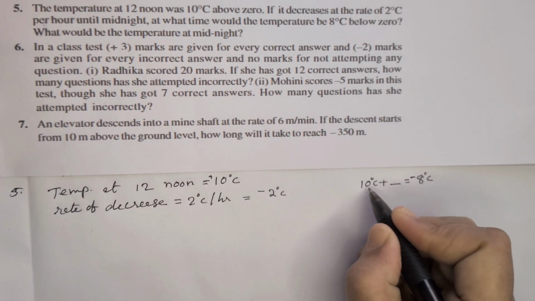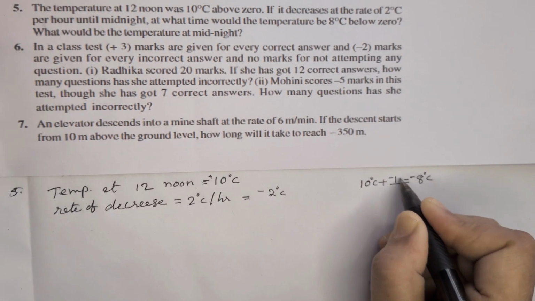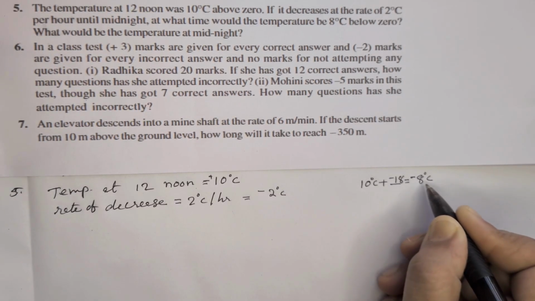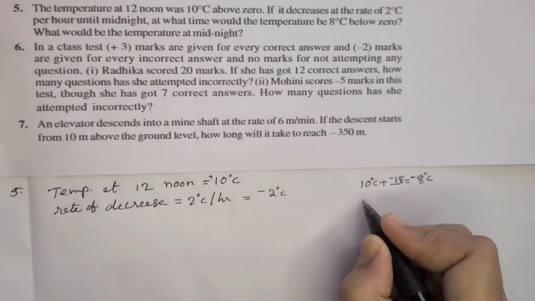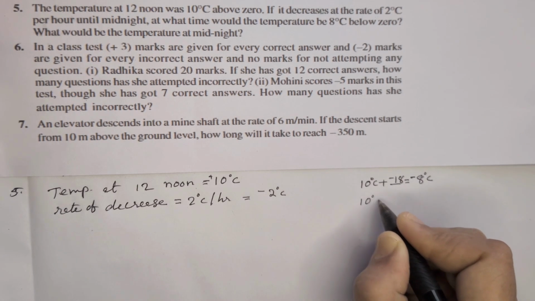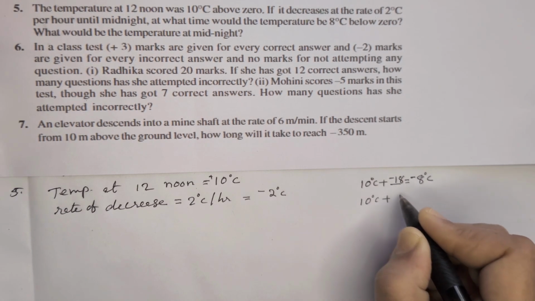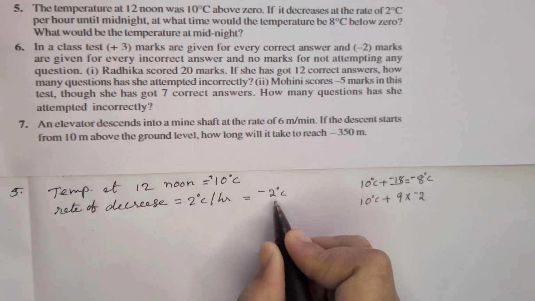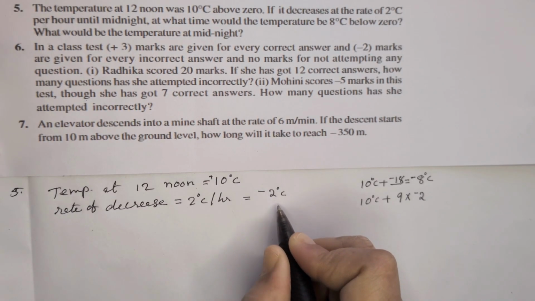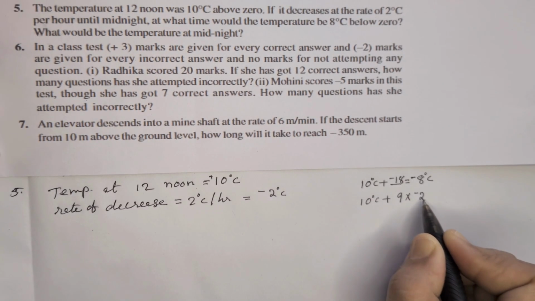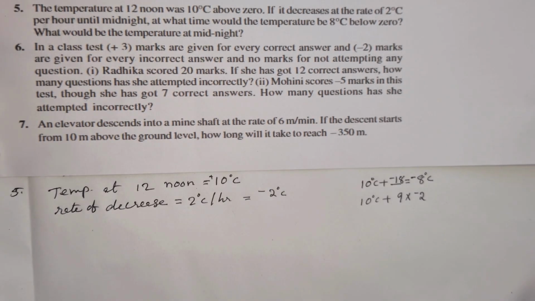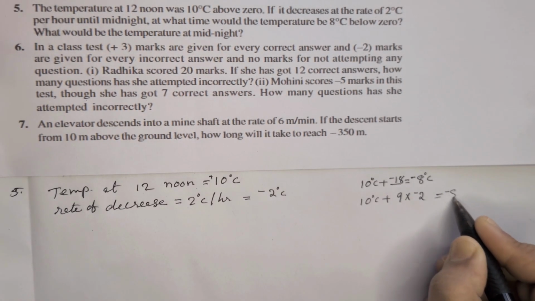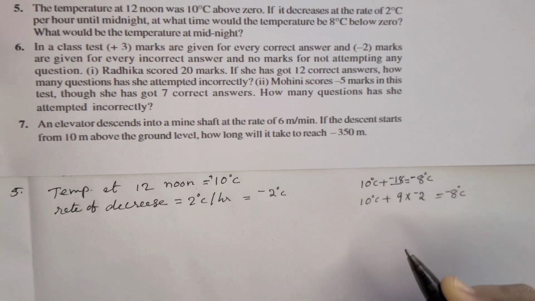So we know that 10 degrees Celsius plus minus 18 is equal to minus 8. That we can write minus 18 as 9 into minus 2. Minus 2 degree is decreasing. That is equal to minus 8 degrees Celsius.